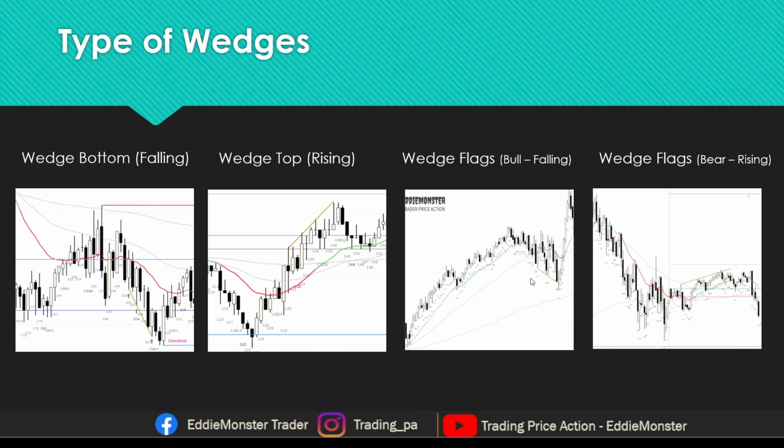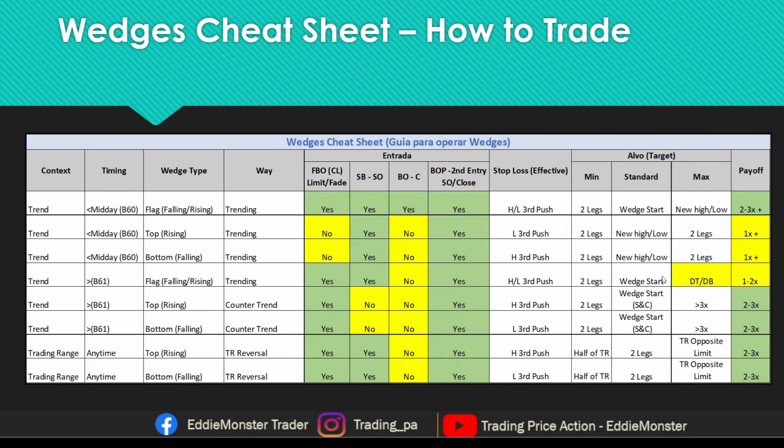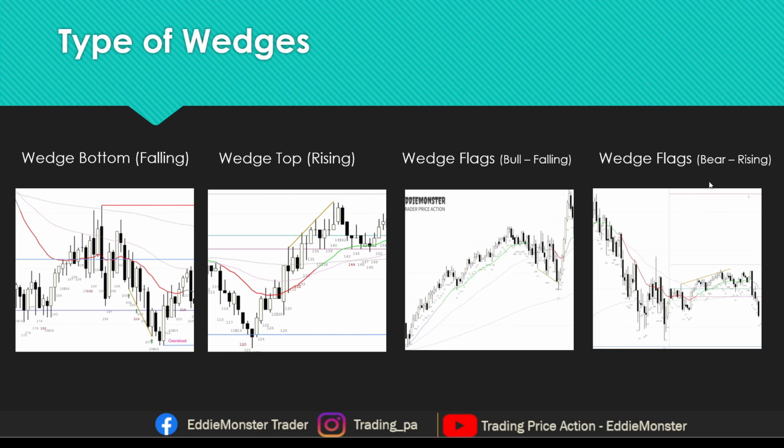Those are wedge flags here. Flags, because you're coming from a trend, a bull trend, and then a flag like this and resumption. And this is the bear flag. Sorry, this is the bear flag. It's rising here and then breaks out down, continuing the bear trend.